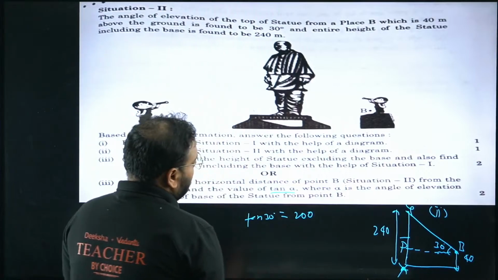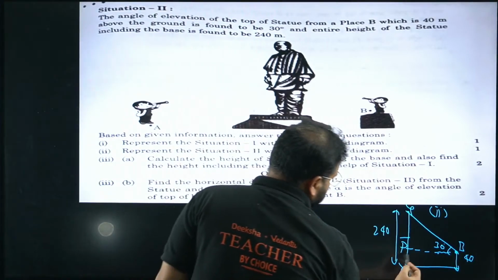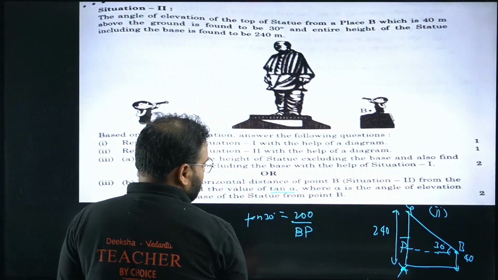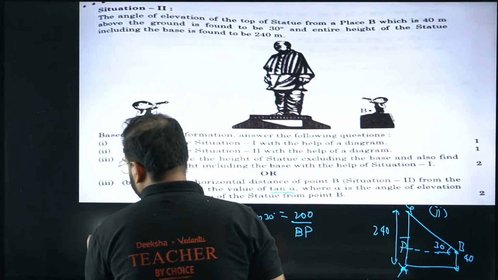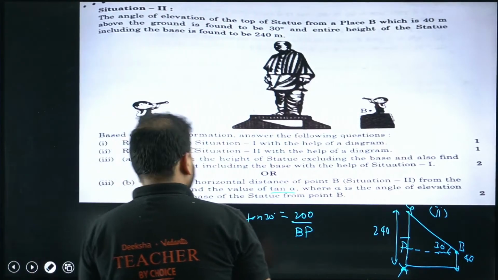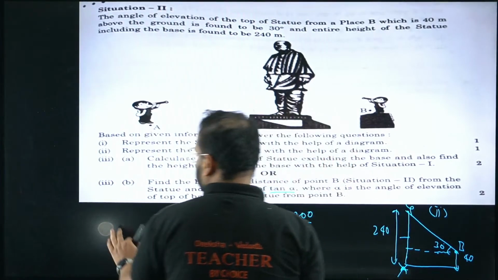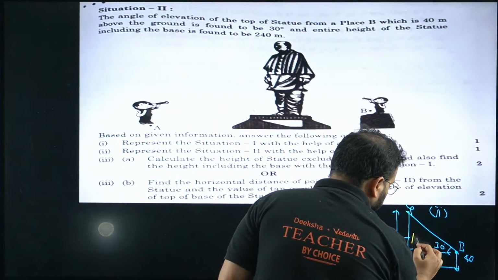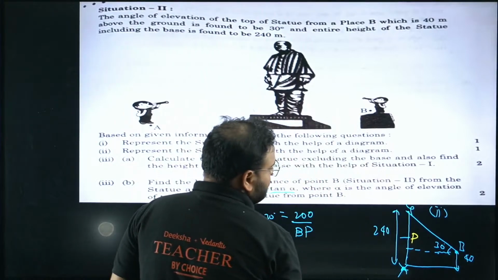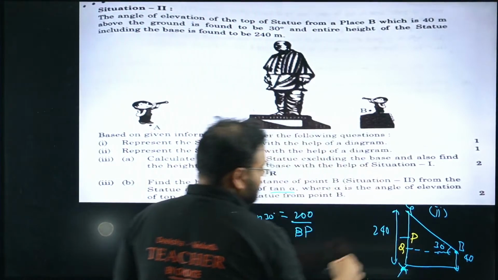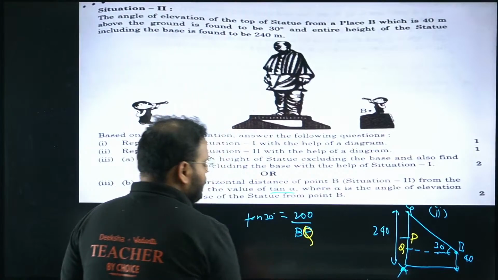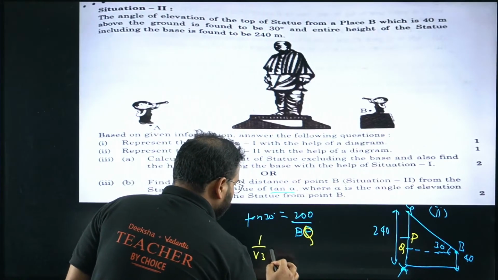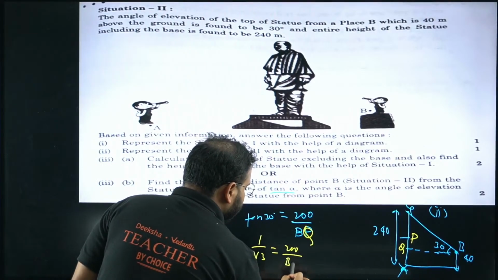So 200 upon this distance, let's say the distance PB. That's not BP actually, P was the base top value. So let me call this Q. So BQ will be: 1 by root 3 equals 200 upon BQ.